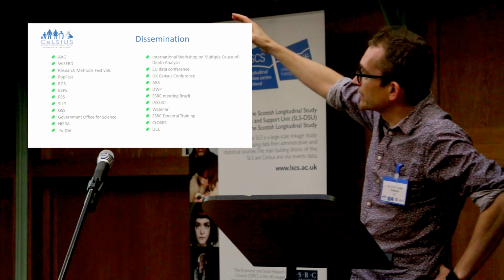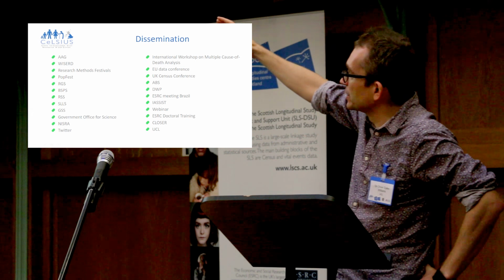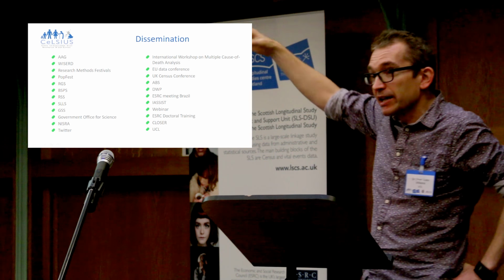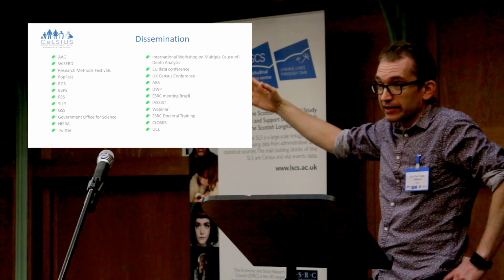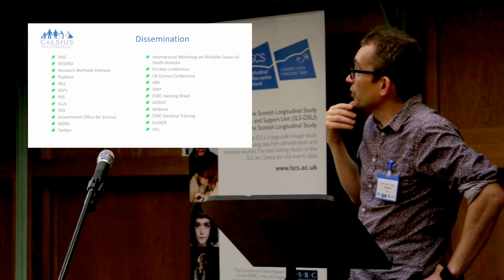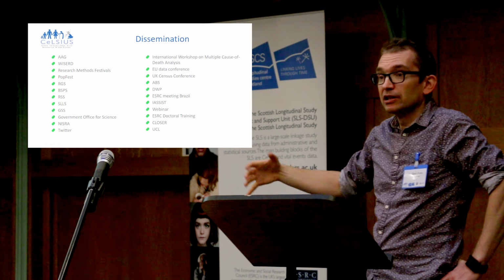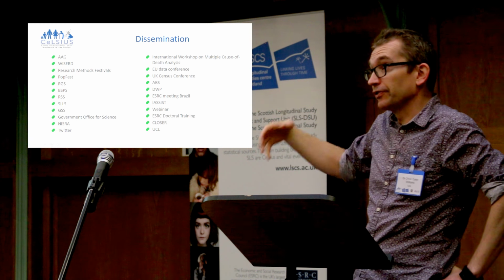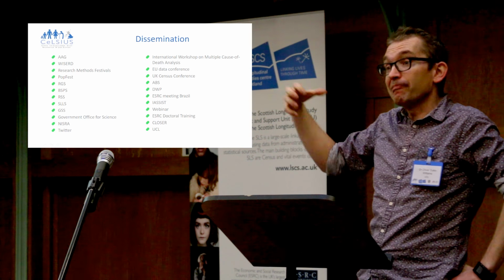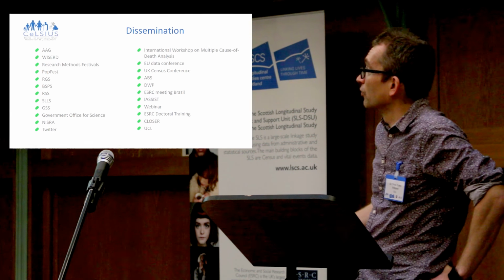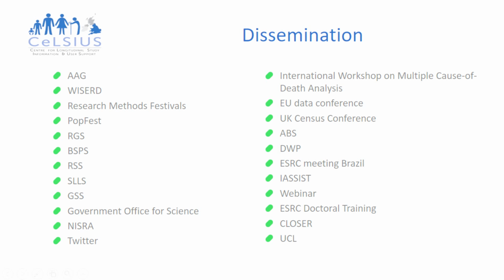So those are government agencies, academic conferences, various things. Sort of in the middle on the right-hand side, ABS, the Australian Bureau of Statistics, they're developing their own longitudinal data sets. So we've talked to them about our experience, not just of using longitudinal data, but the practical elements of running a service for users of longitudinal data.